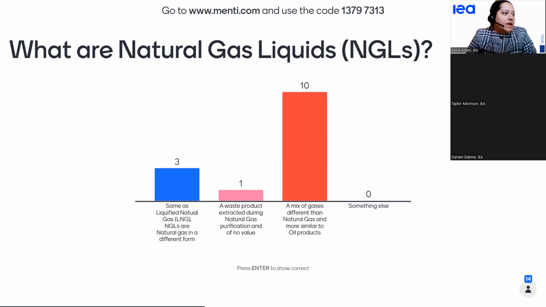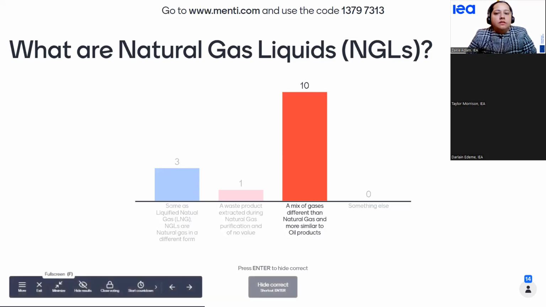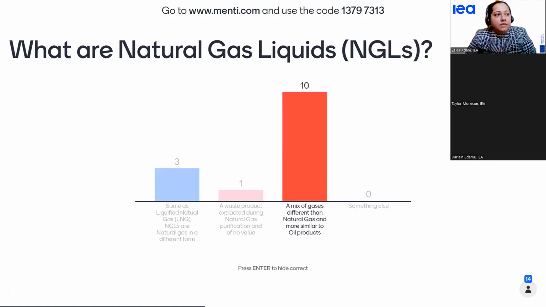Most of you got it right. So natural gas liquids, it's a mix of gases and it's different from natural gas and more similar to oil products. And at the IEA, natural gas liquids, NGLs, are reported together with oil. And even in the oil questionnaire, we report natural gas liquids, whereas LNG is just natural gas in a liquefied form. So this is reported together with natural gas.